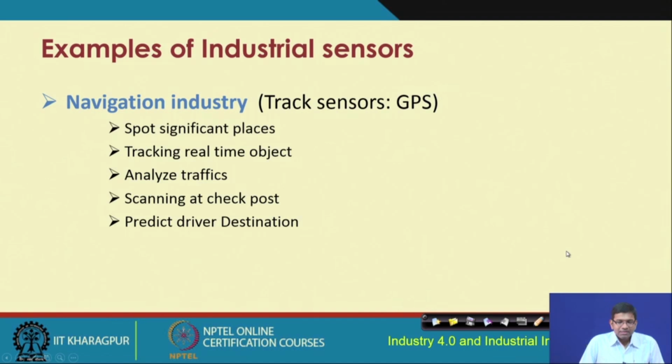So, examples of industrial sensors. Industrial sensors can be used in the navigation industry for tracking and so on. GPS based sensors are the ones that can be used in the navigation industry for tracking purposes, tracking of shipments, tracking of logistics, tracking of trucks and so on.